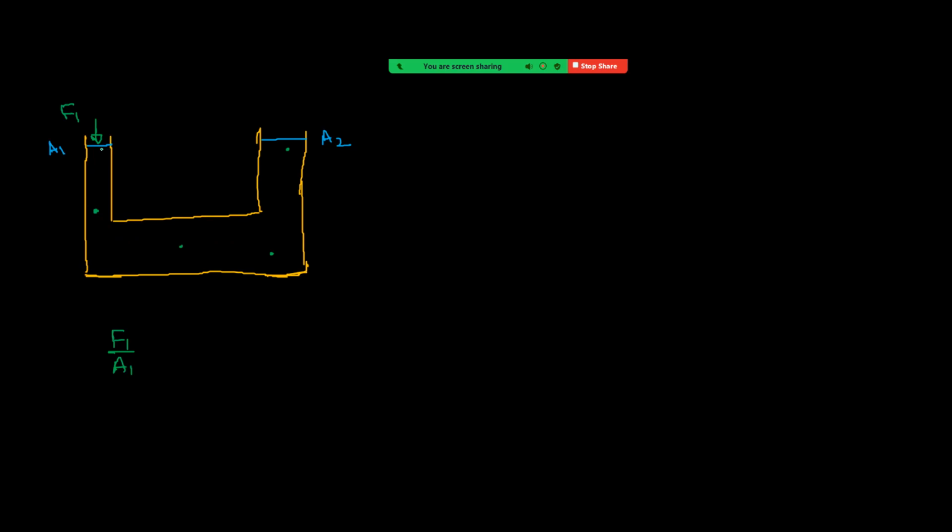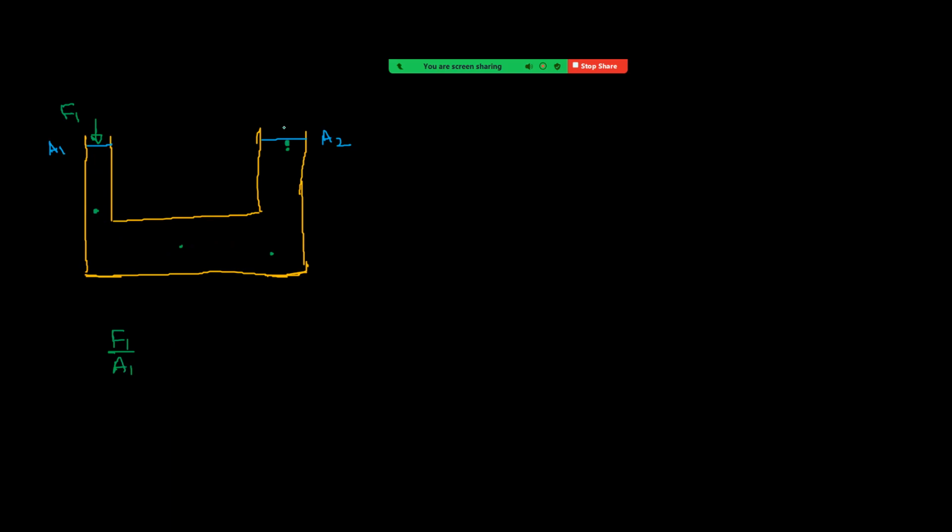So the change produced will transmit to each and every point without any change. That means the change in pressure will be the same, F1 by A1, at each and every point, including this point also.